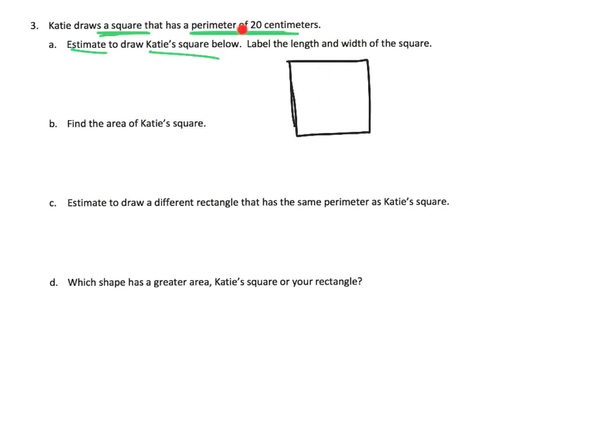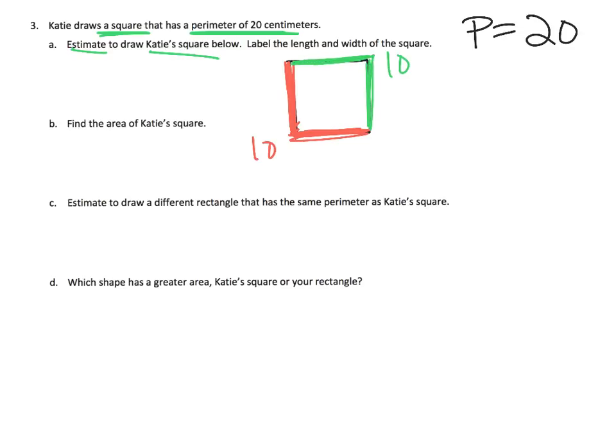Now, because the perimeter is 20, that tells us automatically that the length plus the width has to equal 10, because the other length plus the width also equals 10.